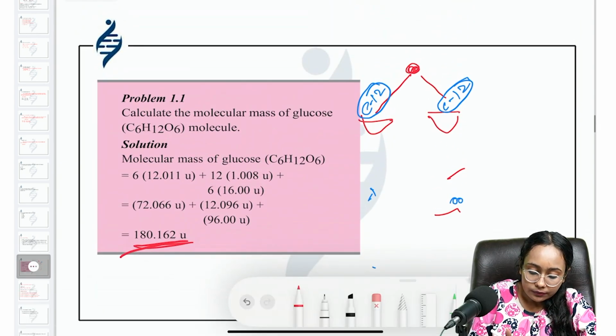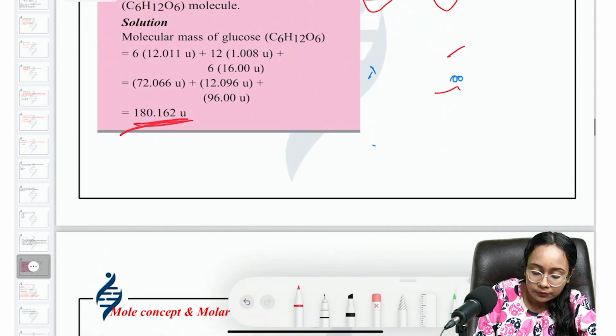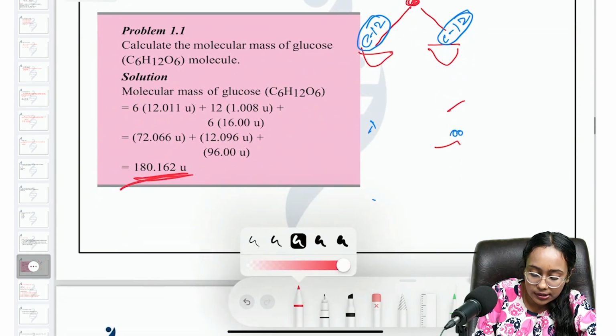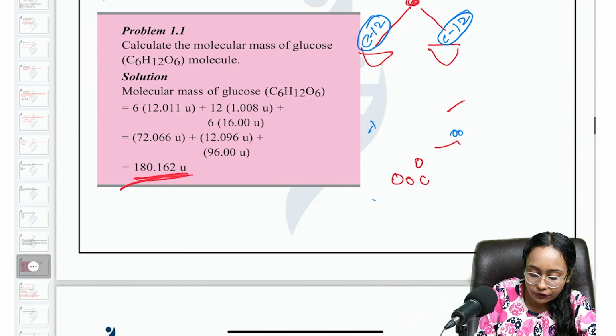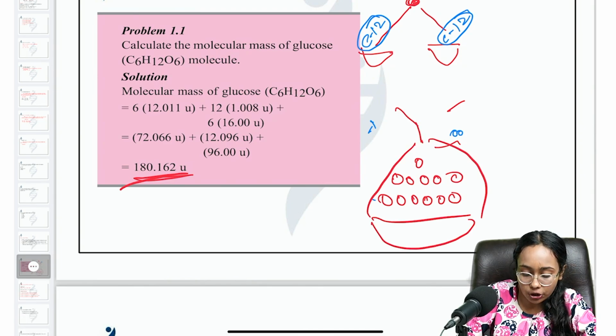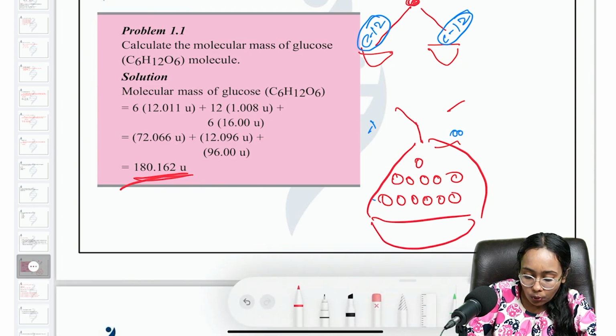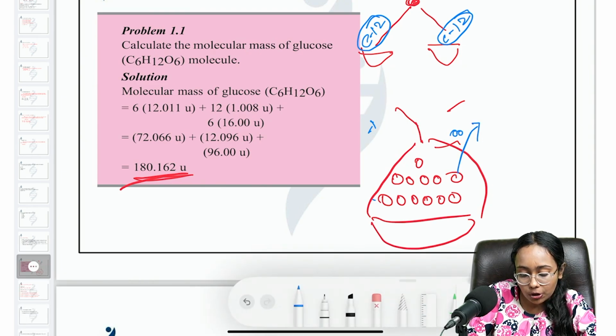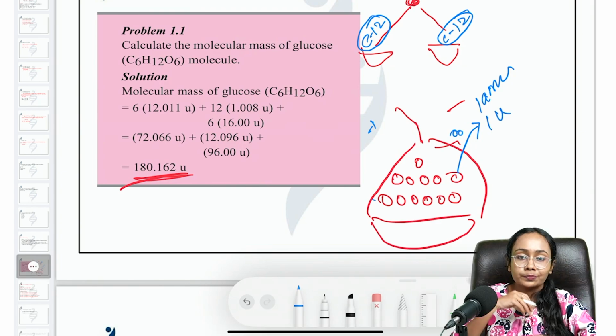So here I've divided the C12 isotope into 12 units. 1, 2, 3, 4, 5, 6, 7, 8, 9, 10, 11, 12. This is a pan. In the pan, I have 12 units of C12 isotope. 1 unit of C12 isotope is called 1 AMU, or 1U.